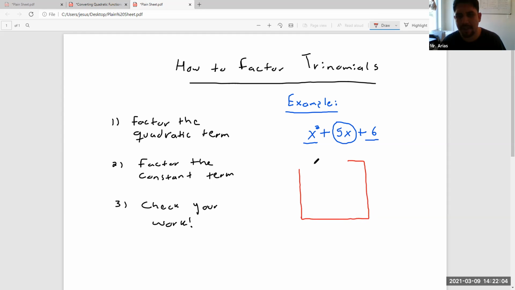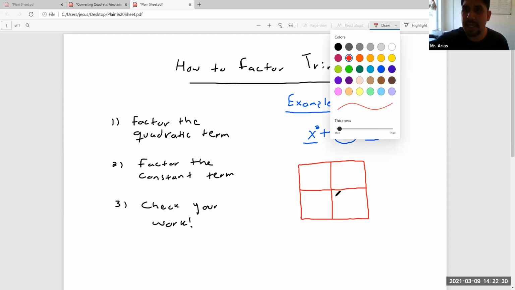So anytime you have a trinomial, you're going to have to split this box into 4 pieces like I did right now, okay? So inside the entries, if you watch the previous video on how to use the box method, you're going to realize that the quadratic term always happens to be in the top left section inside the box. And the constant is always aligned here in the bottom right section inside the box.